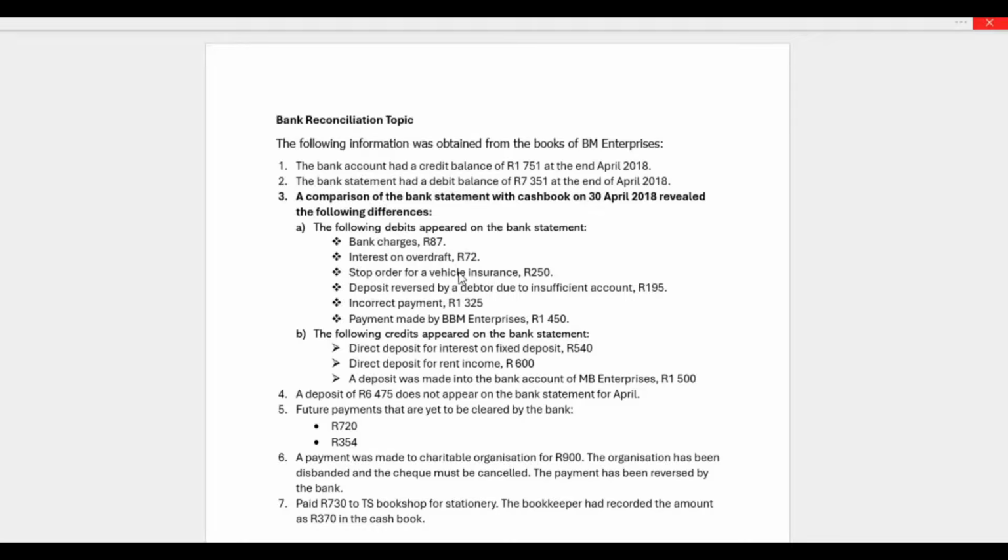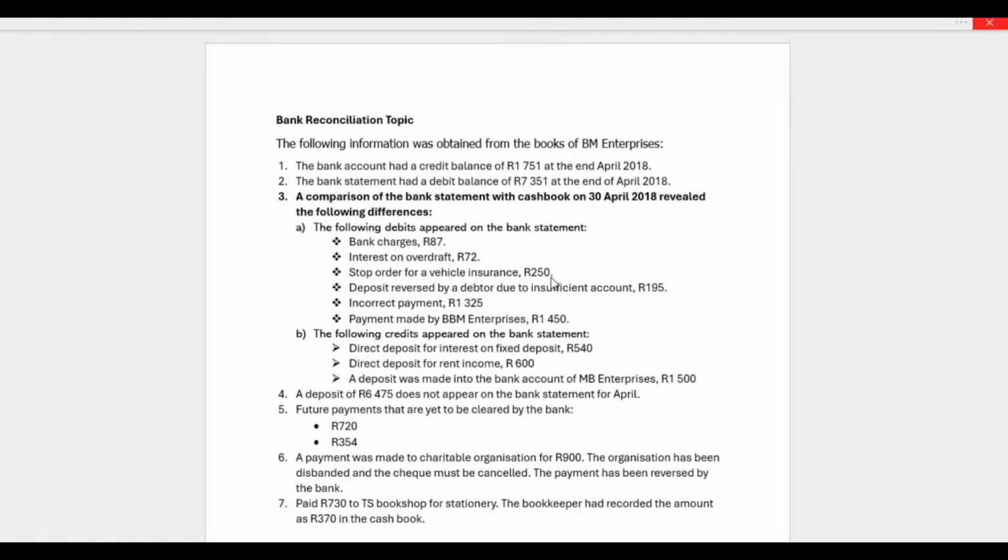Stop order for vehicle insurance, 250. So stop order as well. Remember, it's an arrangement between the business and the bank, together with the insurance company, that they just deduct the money when a certain date comes. So whenever the insurance company takes their money from the bank, you as a business cannot have such a record because it happened between the insurance company and the bank.